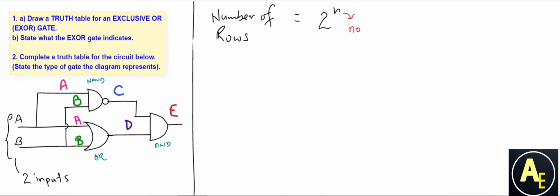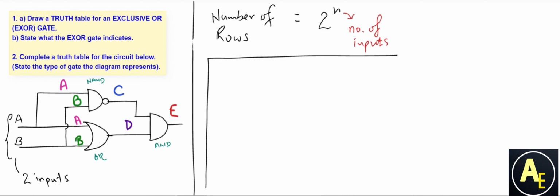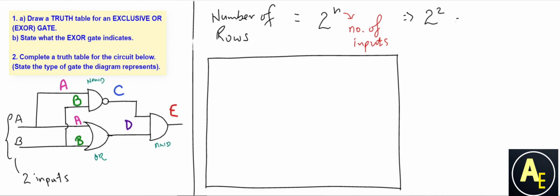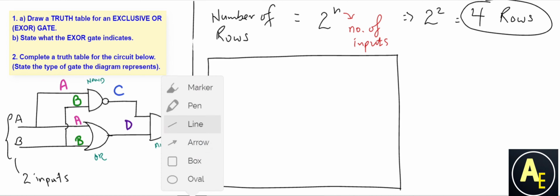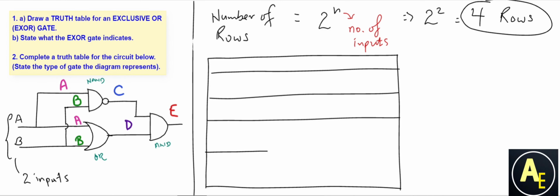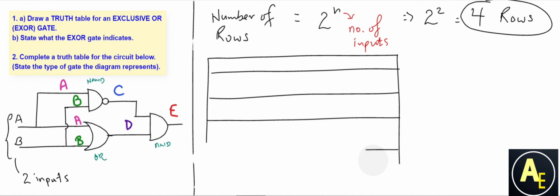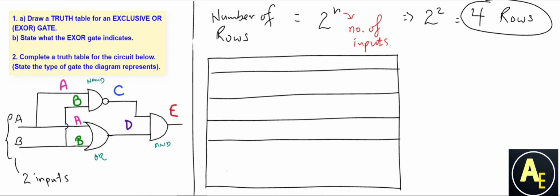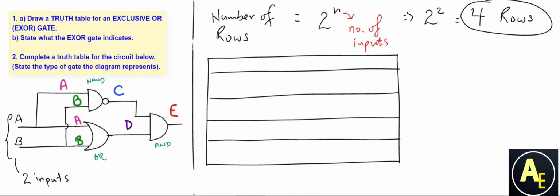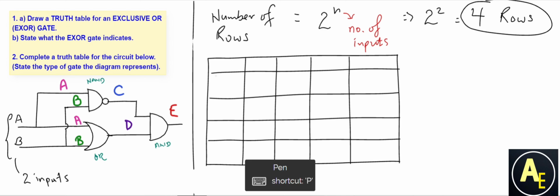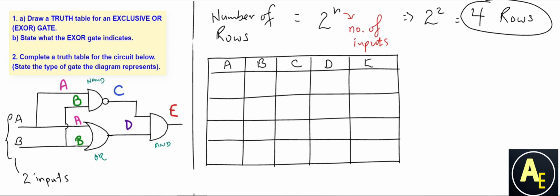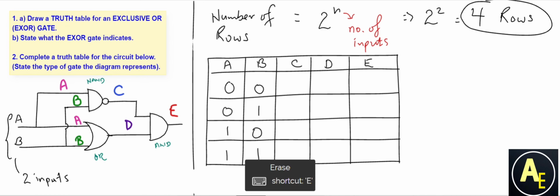When there are two inputs, the number of rows can be calculated by the value of 2 to the power of n, where n represents the number of inputs. So if we only have two inputs, then our number of rows will be 2 raised to the power of 2, which gives us 4 rows. If we only have 4 rows and 2 inputs, then it would make sense that our inputs and the possible combinations can be stated as follows.